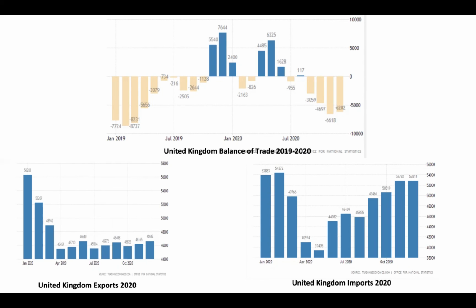Then, since February 2020, the UK trade balance was negative, and both imports and exports decreased. By April, May, and June 2020, the balance of trade was positive, but both imports and exports were very low. From July until now, the UK trade balance has remained negative, with only August having a positive trade balance.